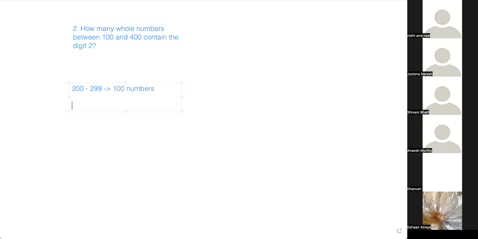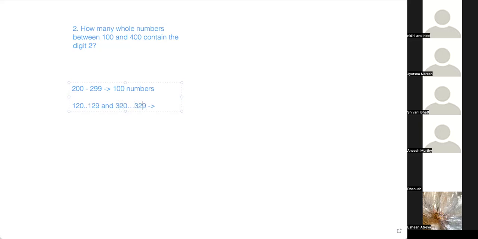So that's the 100 and the 300 category, which means that's 20 numbers for that place. And then for 21, 22, 23, 24 to 29, that's 9 numbers times 2, which is 18. And then 100 plus 20 plus 18 is 138.